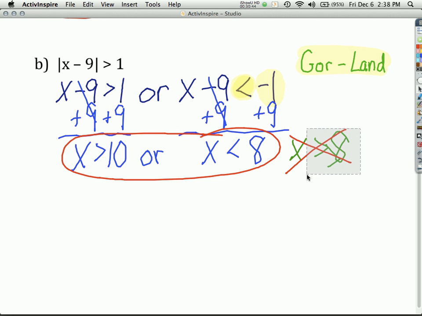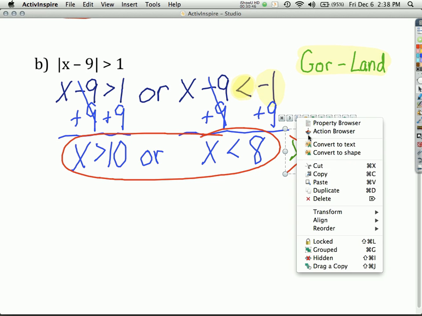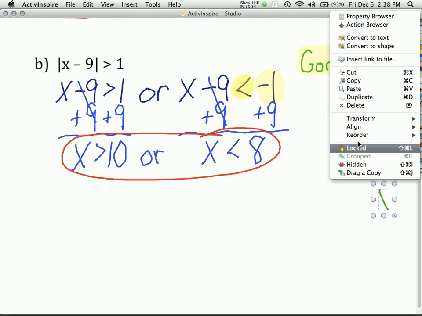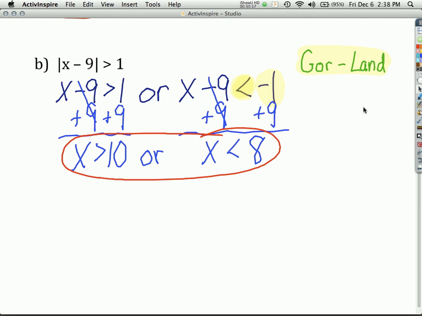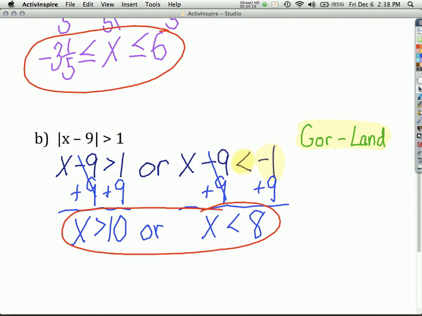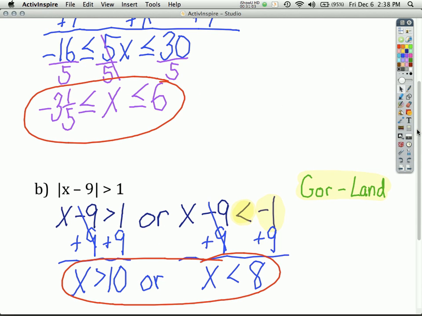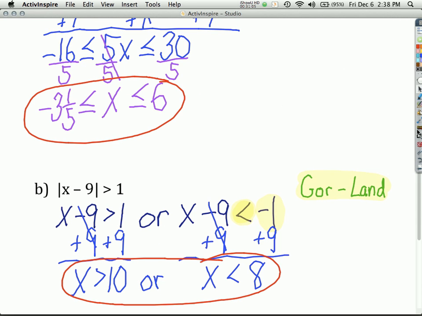Does anyone have any comments or questions? Comments or questions? Concerns? Tristan? And will there be any equations that have both of the equality signs facing?